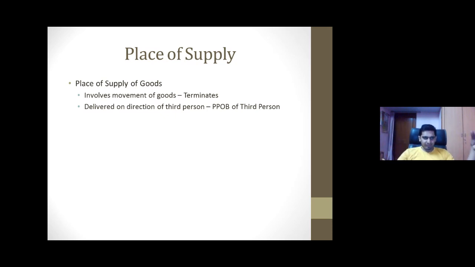Now think about some other situation. I belong to Delhi, but my family is in Rajasthan. I live in Delhi. My principal place of business is in Delhi. But I directed the shopkeeper, please deliver these biscuits to Rajasthan. Now, who has given the direction? Me, as a third person.